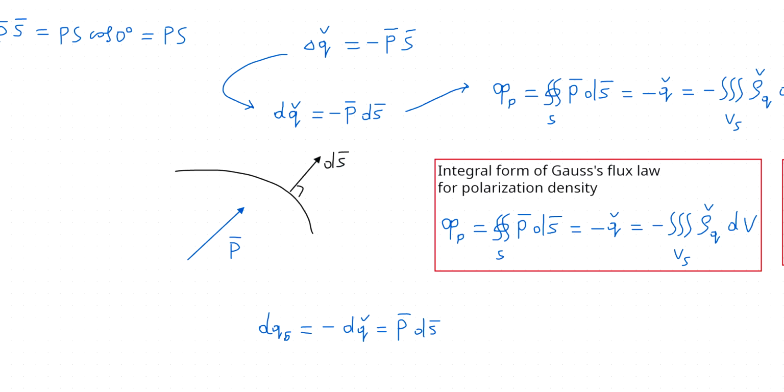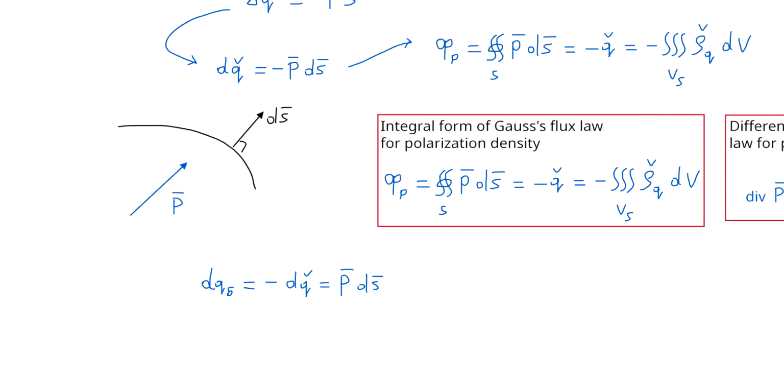This may be written in scalar form if we consider Pn, a projection of vector P on the normal direction to the surface.